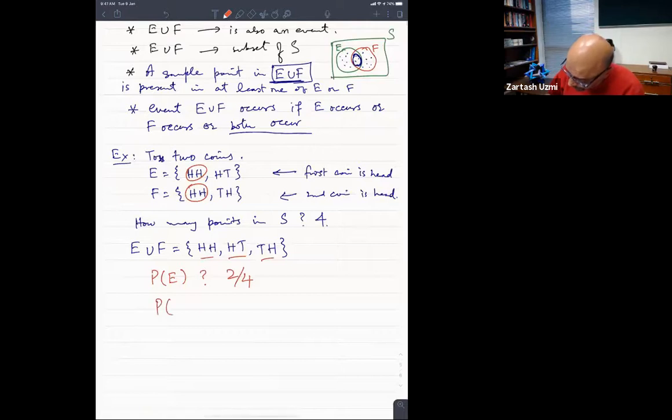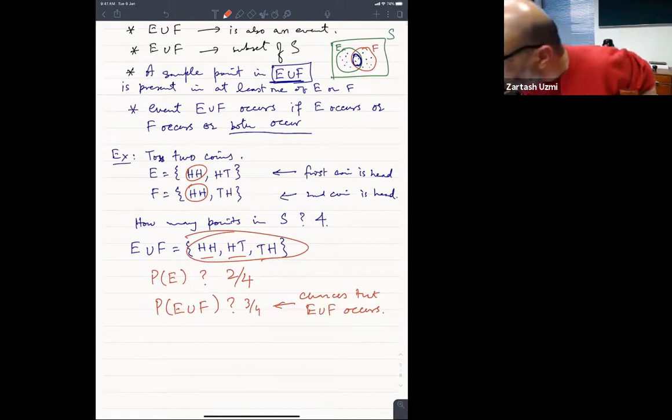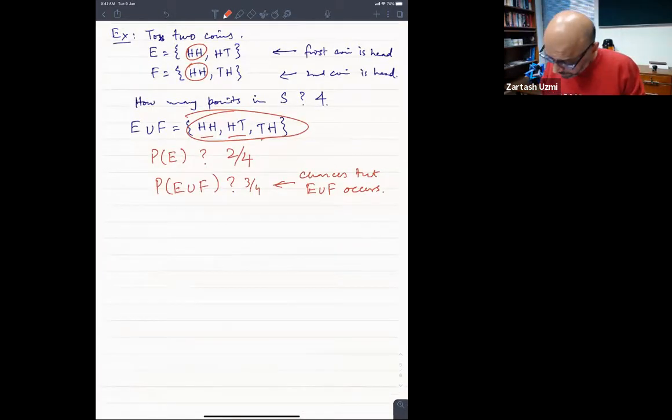What is the probability of E union F? Chances that E union F occurs is 3 out of 4. Kyun? Because there are 3 sample points out of the 4 sample points in the sample space. Okay. So everyone is okay with that?